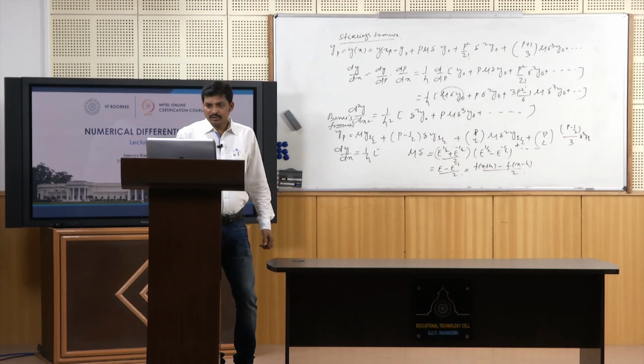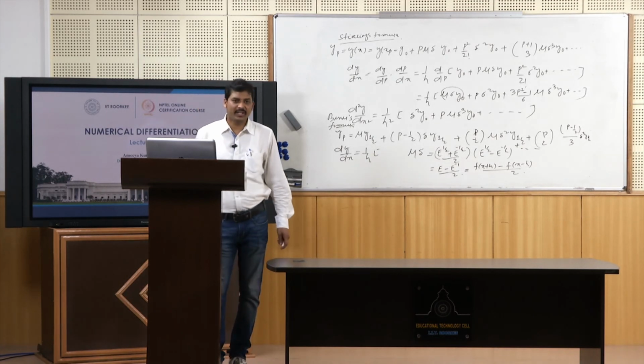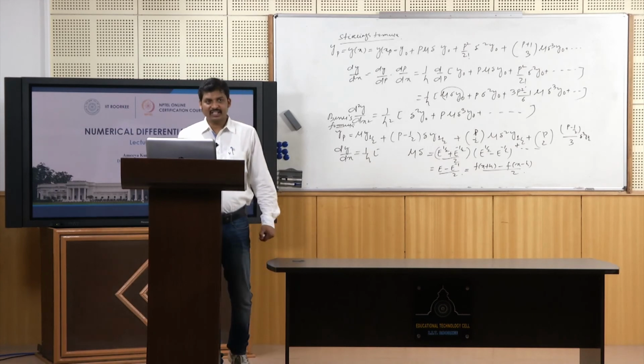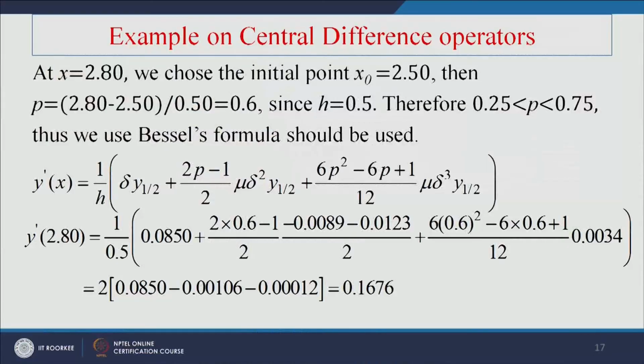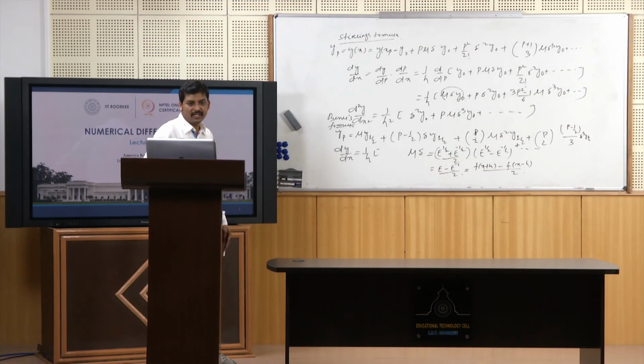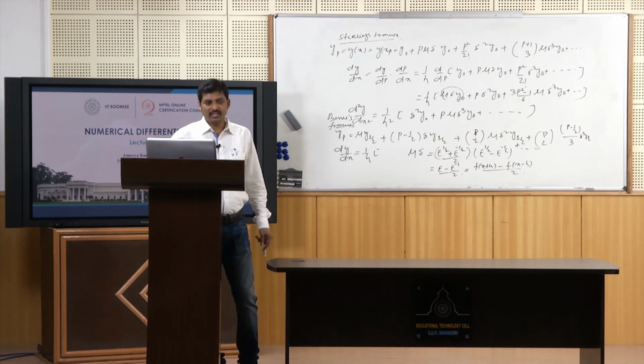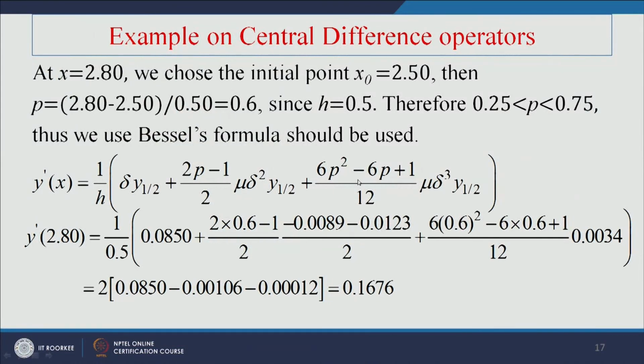And for the point 2.80, we can use Bessel's formula, since the p range is lying between 0.25 and 0.75. Within that range, especially, we can use Bessel's formula. The derivative of y of x is usually written as 1 by h, delta y of half plus 2p minus 1 by 2 mu delta square y of half plus 6p square minus 6p plus 1 by 12 mu delta q y of half.